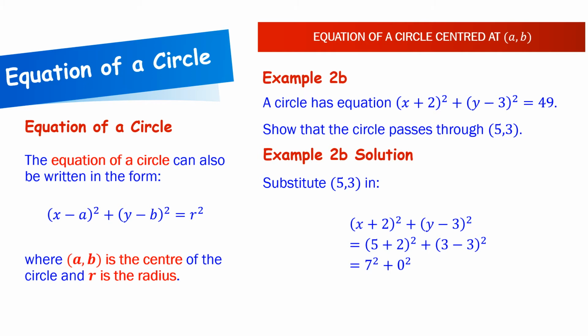Tidying up gives 7² + 0², as shown, and this equals 49. Therefore, the circle does indeed pass through the point (5, 3).